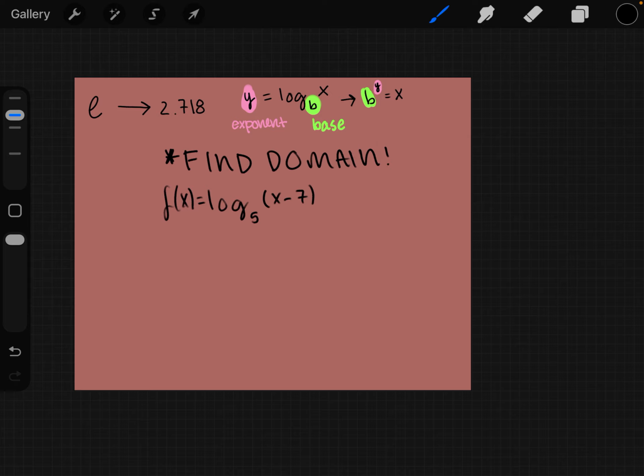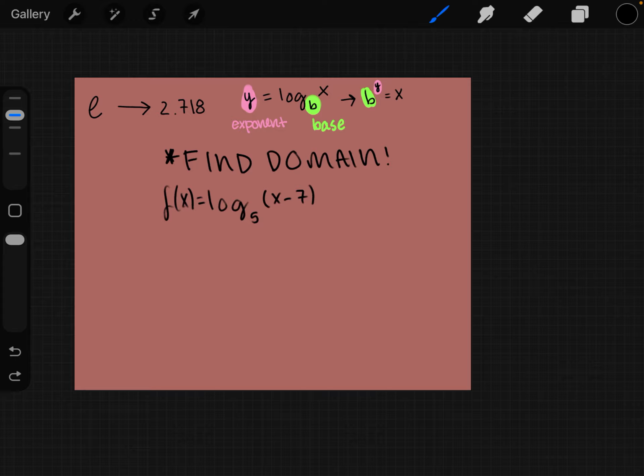Really simple. Even though they certainly didn't teach it that simple. The domain of a logarithmic function has to be greater than 0. So you just take this exponential, I don't know if that's what it's called.